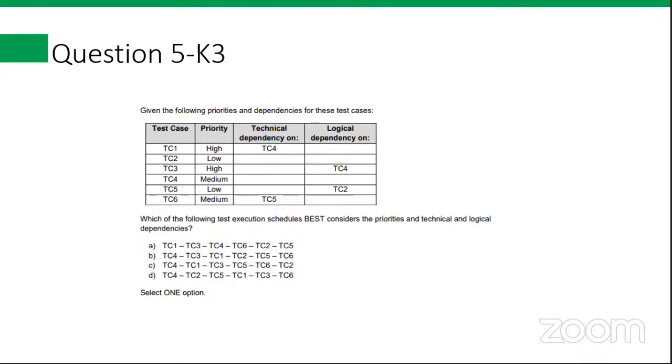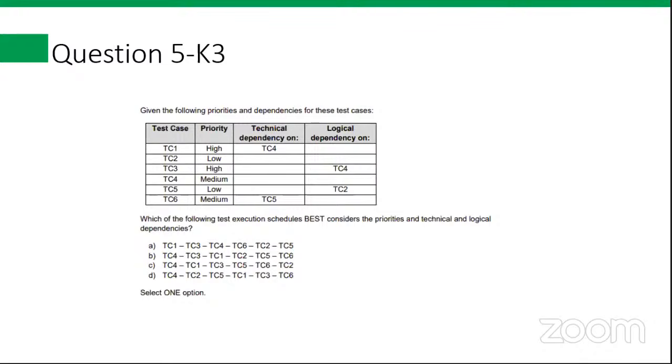Which means you have to execute 5 before 6. So now the order would be 4, 1, 3, 5, and 6. But corresponding to 5, you can see that test case 2 is written as a dependency, which means before 5 is executed, you need to execute 2.